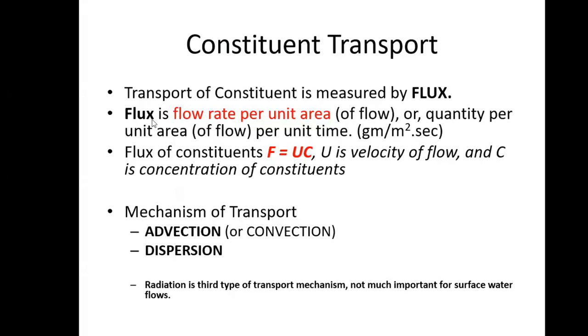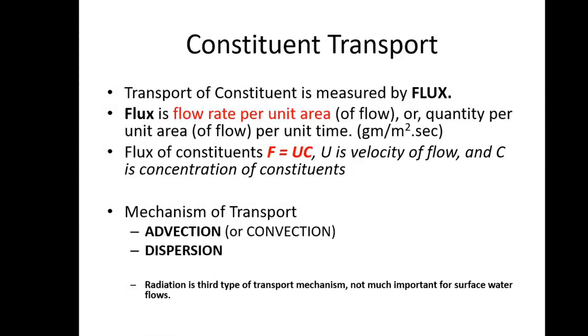So before that, let me introduce another parameter which is required for the transport. Transport of the constituent is measured with the help of a parameter we call the flux of the constituents. The flux of the constituent, represented by capital F, is the flow rate per unit area of the fluid.